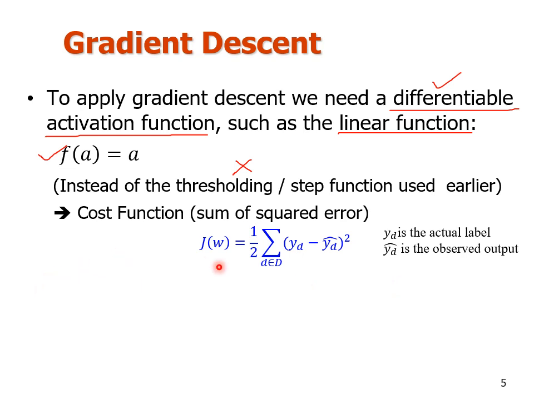So, as usual, we are finding the error between the actual target label and the label that we observed using the perceptron, and we are finding the sum of squared error which defines our cost function.